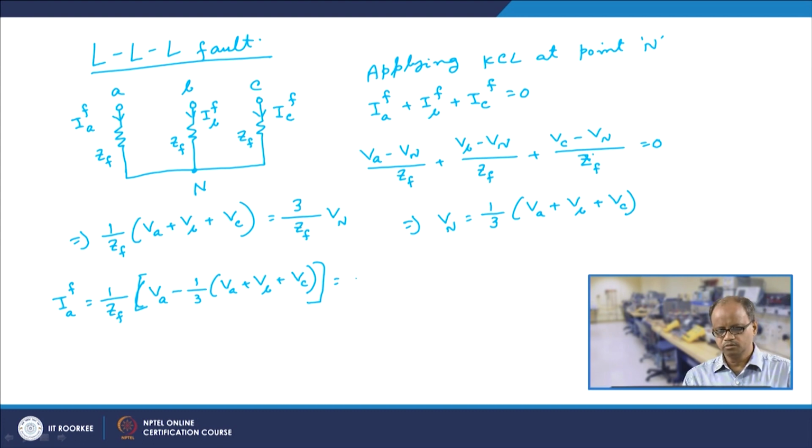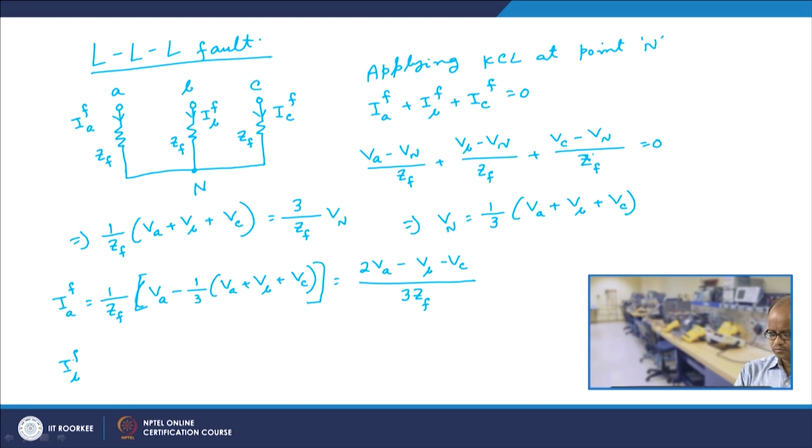That is equal to (2 Va minus Vb minus Vc) by 3 ZF. Similarly, IBF would be 1 by ZF into Vb minus 1 by 3 (Va plus Vb plus Vc).